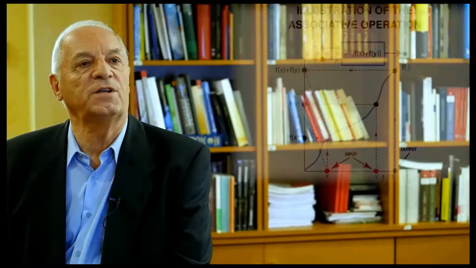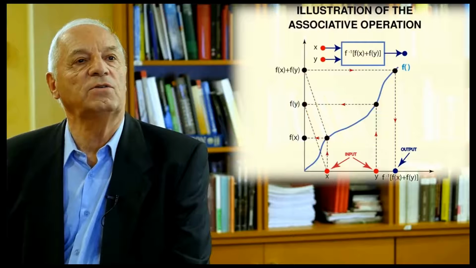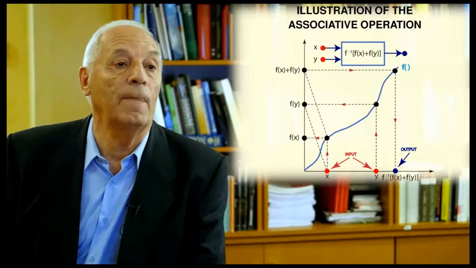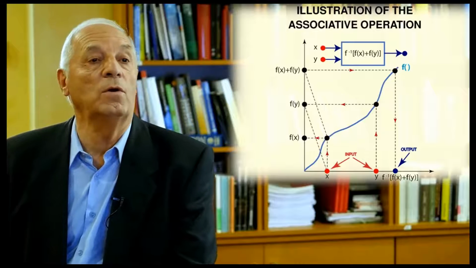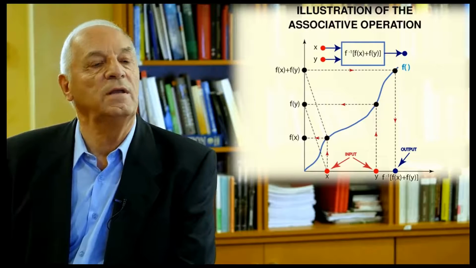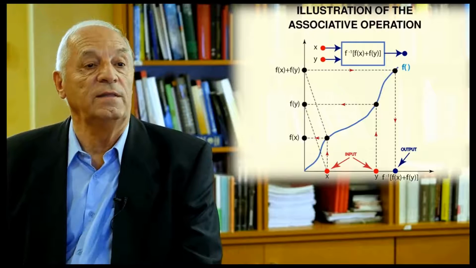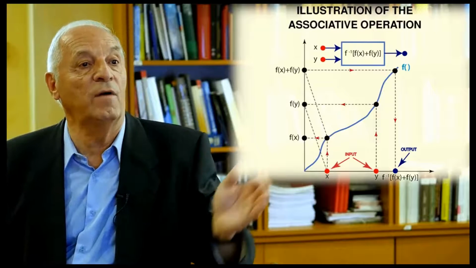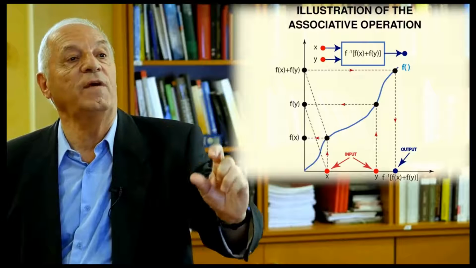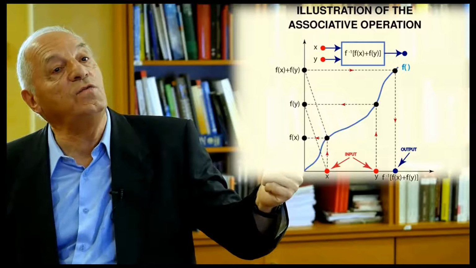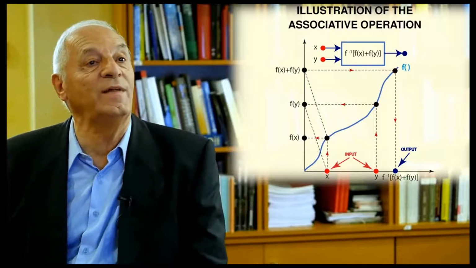This can be represented graphically. You have a line in blue color that represents the f function. So you enter with x, and then you obtain the f of x. Then you enter with y, and you obtain the f of y. We add f of x plus f of y, and you obtain another point there. And then you need to calculate f minus 1, the inverse function.